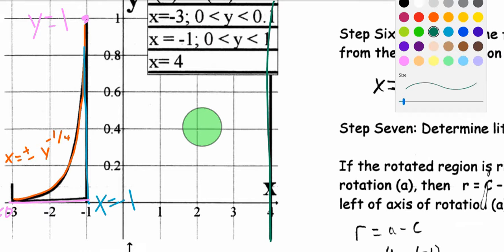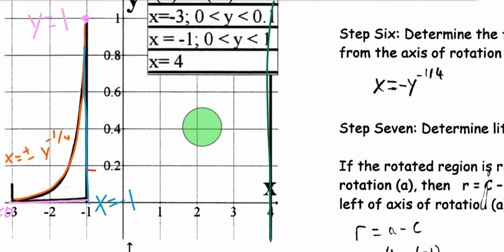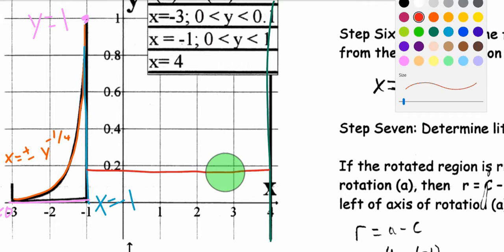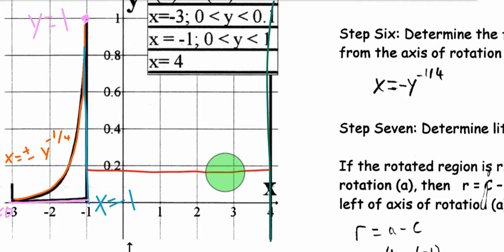Again, you have an inner radius, which this time we'll use red. Your inner radius is formed by the closest function to your axis of rotation, and then you'll have an outer radius. I will use dark green, and it's going to be from your furthest away function. I'll already use green for the axis of rotation.